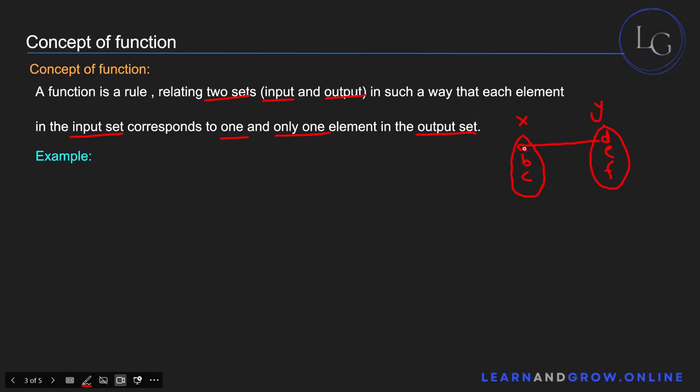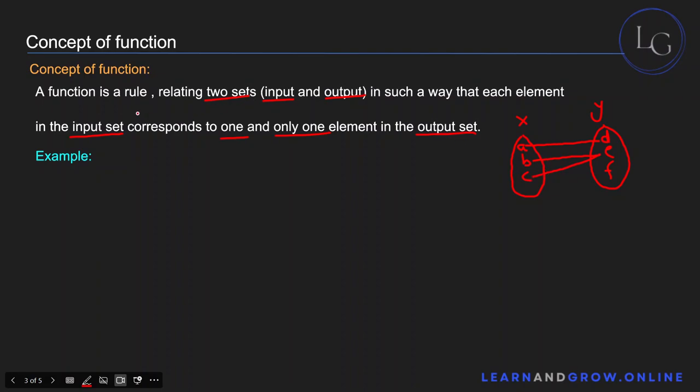So this is one correspondence, and let's say that B corresponds to E, right? But let's say that C corresponds to E as well.